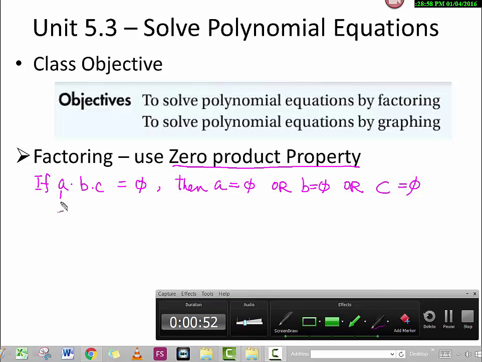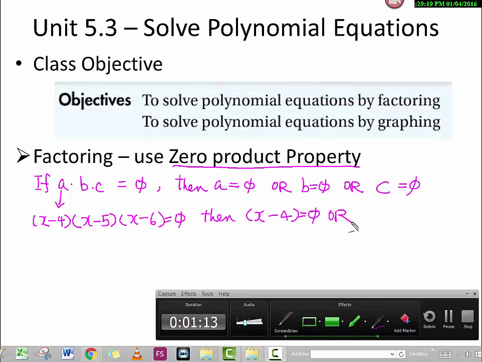So if you change the variable A to an algebraic expression, for example, if I have x minus 4 times x minus 5 times x minus 6 equal to 0, then by making use of the zero product property, that means x minus 4 equal to 0, or x minus 5 equal to 0, or x minus 6 equal to 0.